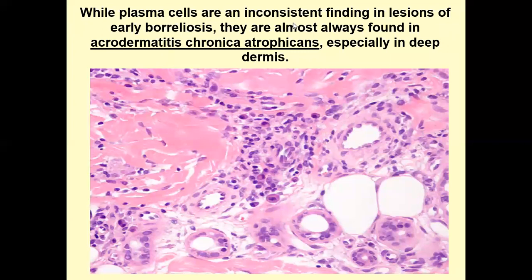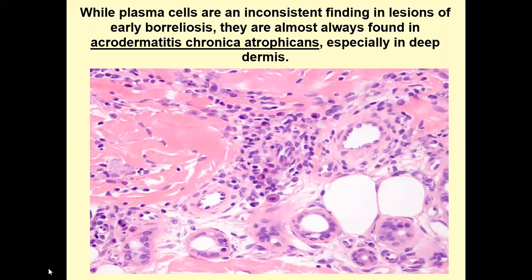So, plasma cells are an inconsistent finding in the lesions of early borreliosis. They are almost always found in acrodermatitis chronica atrophicans, especially in the deep dermis. So just remember this catch point, that in any scenario you may get this little information that the patient presents with atrophic violaceous lesions on hands and feet, and on histopathology there will be superficial and deep perivascular lymphocytic infiltrate with plasma cells.